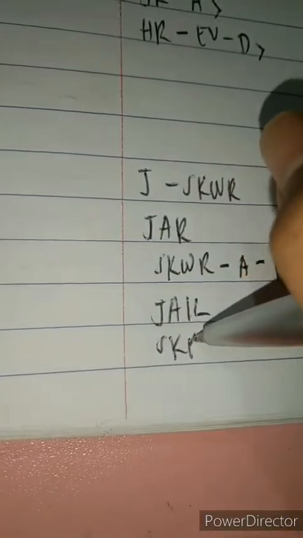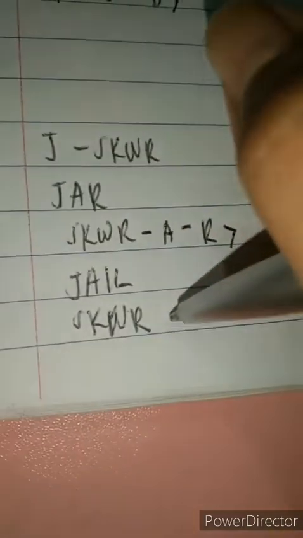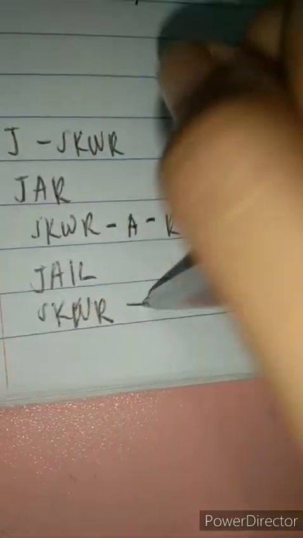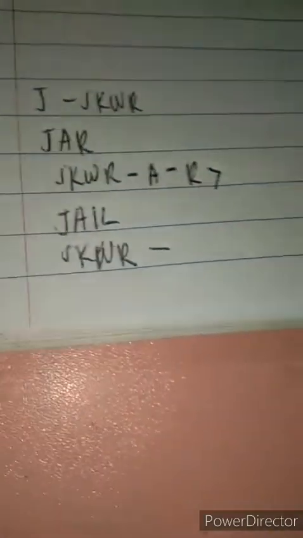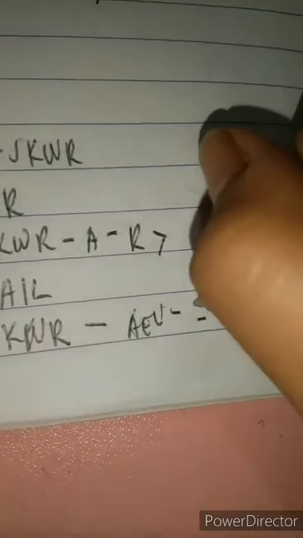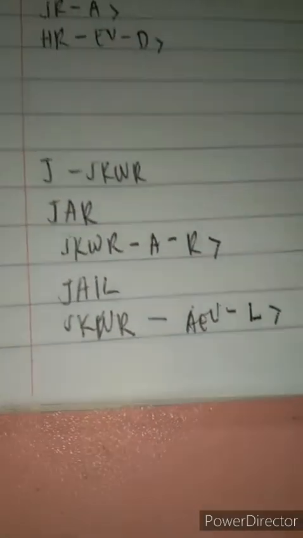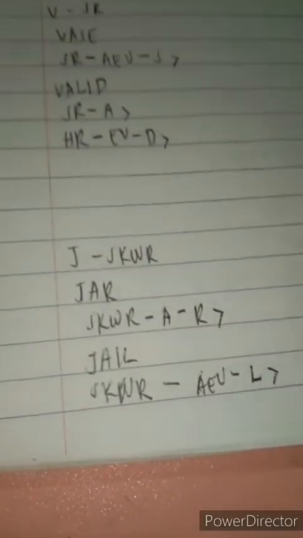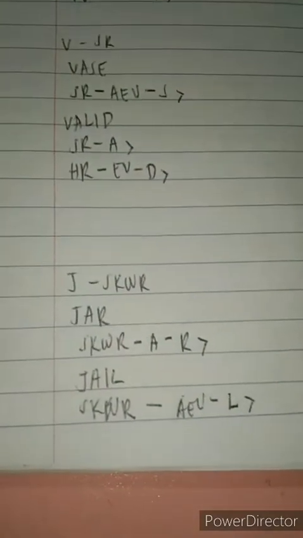So, beginning letters S, K, W, R, and then vowel letters A, E, U, and then ending letter L, and then release. So, ayun po. I hope na may natutunan kayo. And thank you for watching.